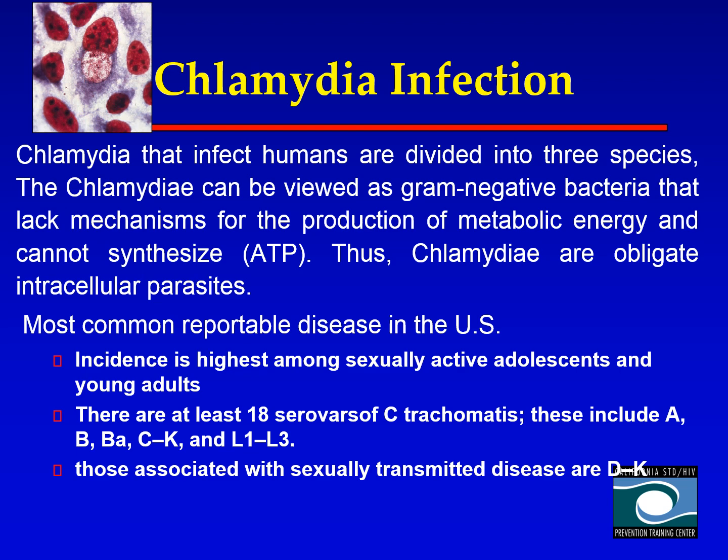There are 19 immunotypes of chlamydia, including A, B, Ba, C, D through K, and also L1 to L3. Types A, B, and C cause conjunctivitis, an eye infection called trachoma.